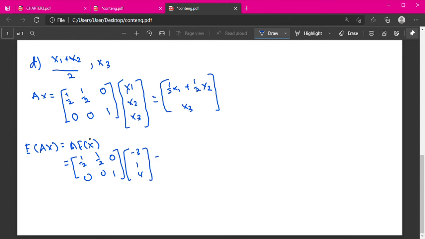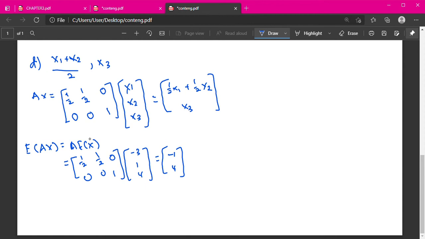Okay, so bila you multiply, you akan dapatlah dua value, which is min untuk first linear combination dan min untuk the second linear combination. The answer will be negative 1 and 4. Means that dekat sini negative 1 ni adalah min untuk the first linear combination and 4 adalah min untuk second linear combination.